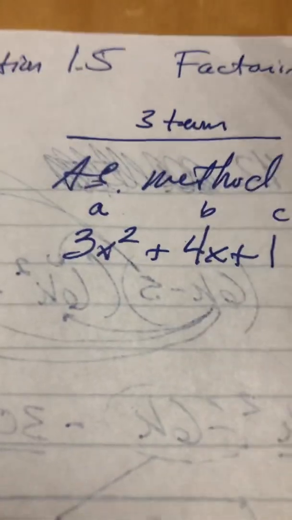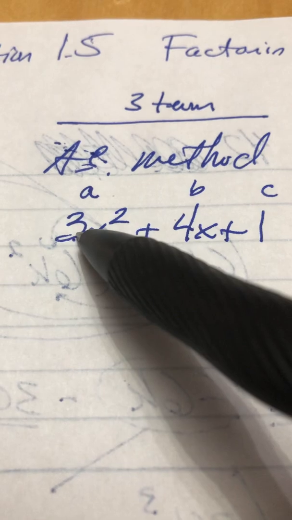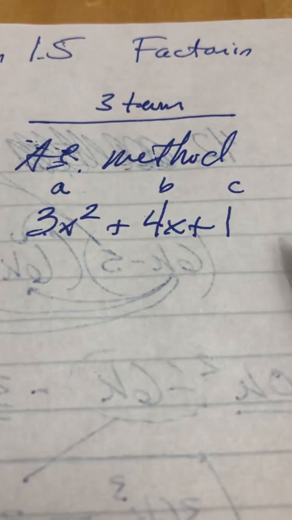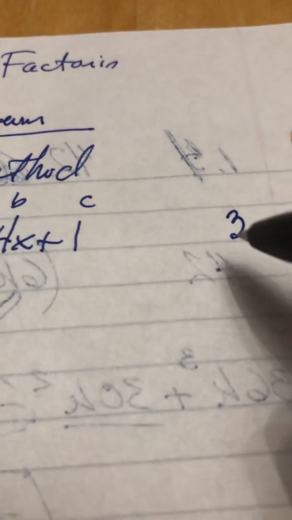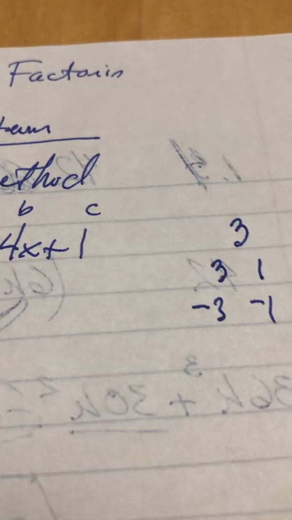Now, if you have 3 terms, your first step, and the reason that it is called the AC method is because you take the value of the A, which is the 3, and you multiply it by the value of the C. You have to be aware of the signs and so forth, but 3 times 1 is 3, so you write it over here. And then you have factor pairs, so you'd have 3 and 1 and negative 3 and negative 1.